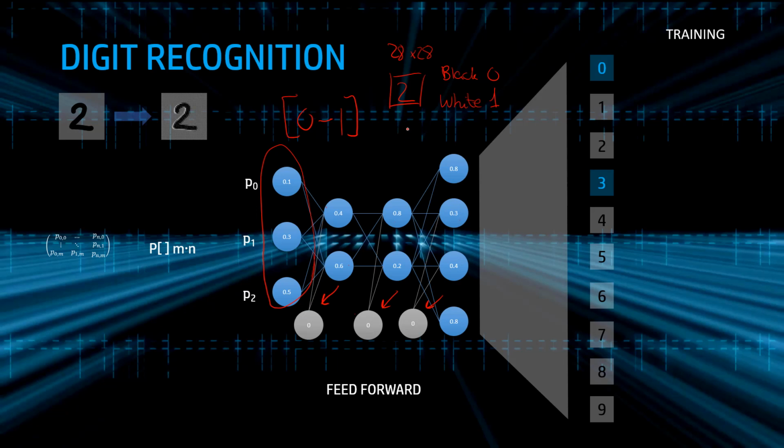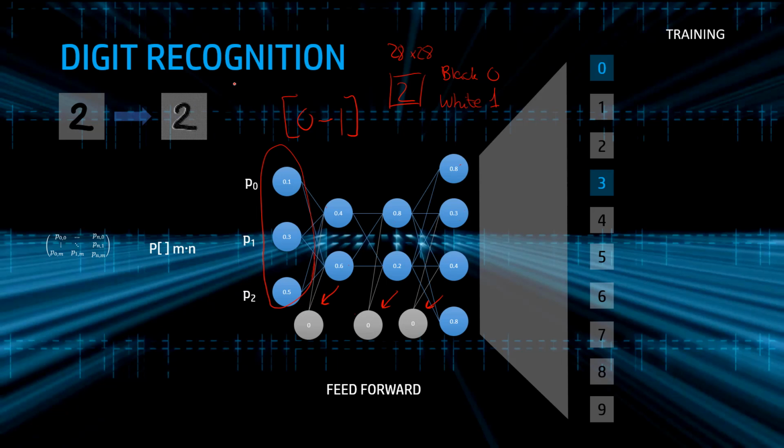If a prediction is more than 0.5, we can assume that the neural network thinks it's a good candidate for being the solution. So if these are 0, 1, 2, 3, 4 up to 9, the 0 will be activated, the 1 no, the 3 yes, and the fourth neuron, that is the 3, will also be activated.